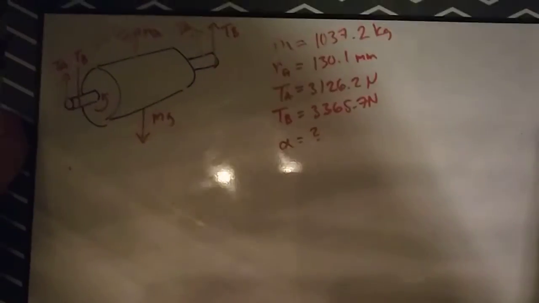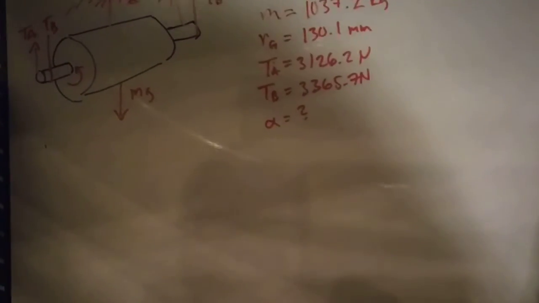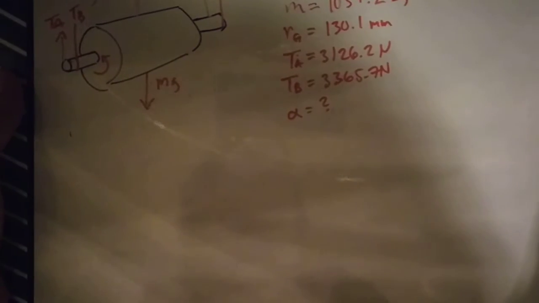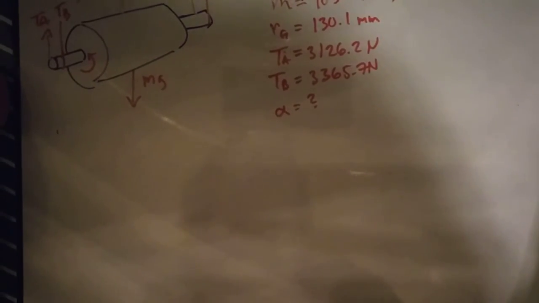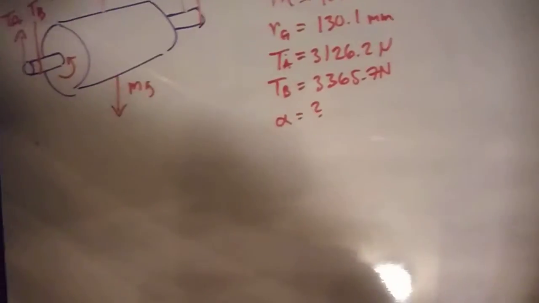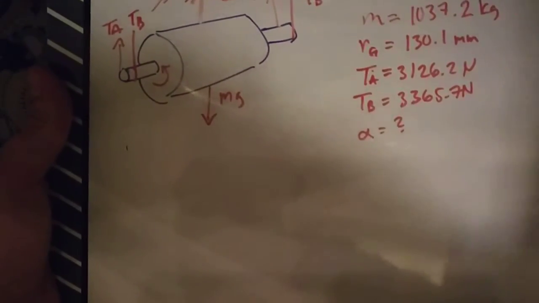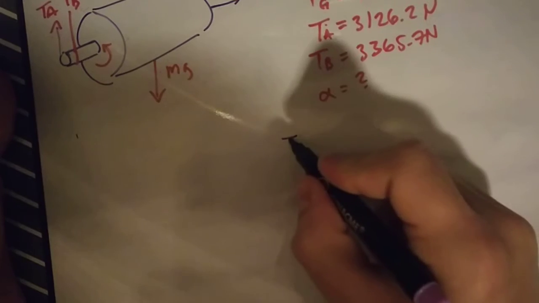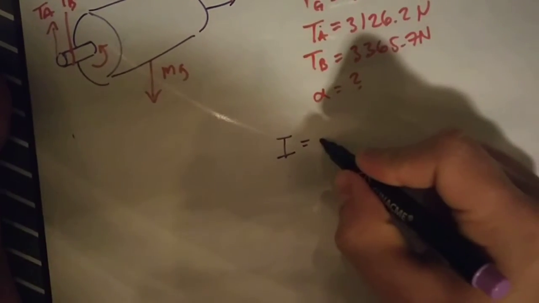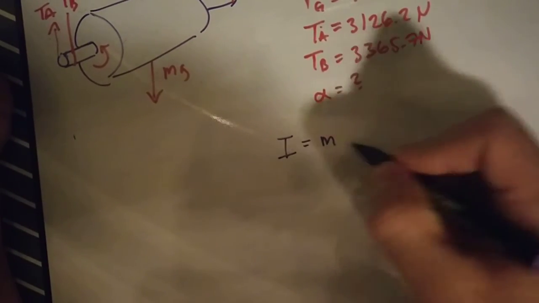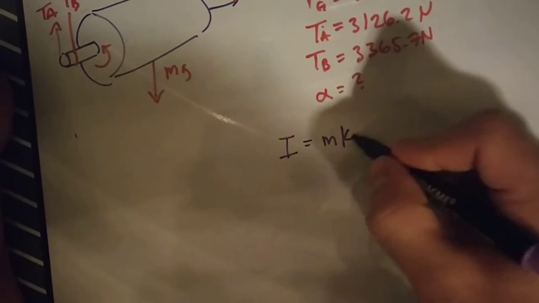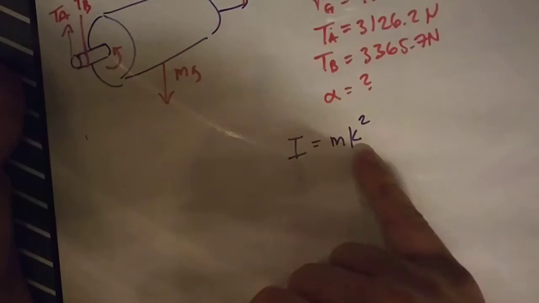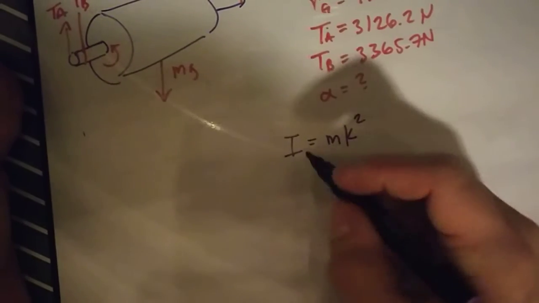Well, we know that the radius of gyration is another way of expressing the moment of inertia at a distance from a centroid. The relationship for that is moment of inertia is equal to mass times k squared, where k is your radius of gyration.